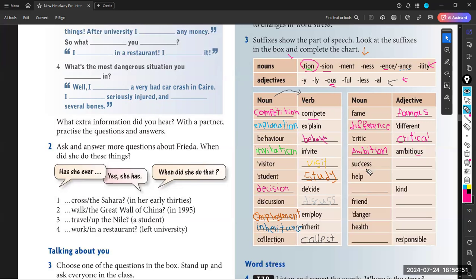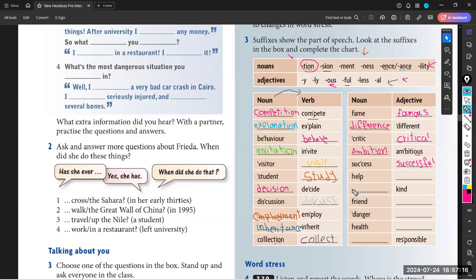Now we have success. Successful. Thank you so much. So success, succeed, succeeded, successful. So I have to add F-U-L to be what? To be an adjective. Successful. Okay, now we have help.